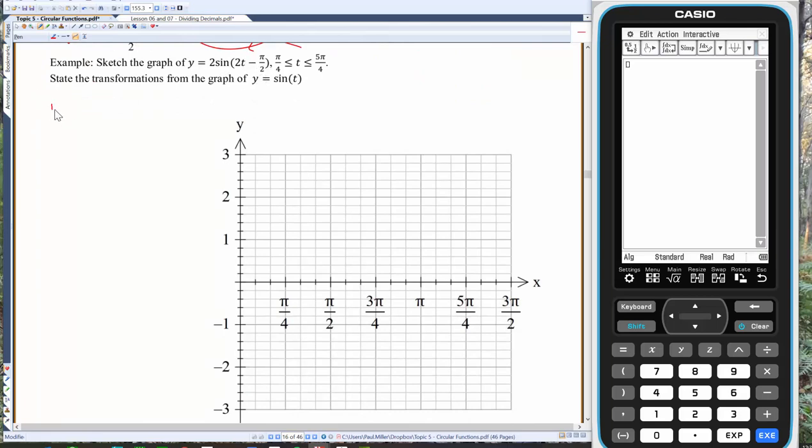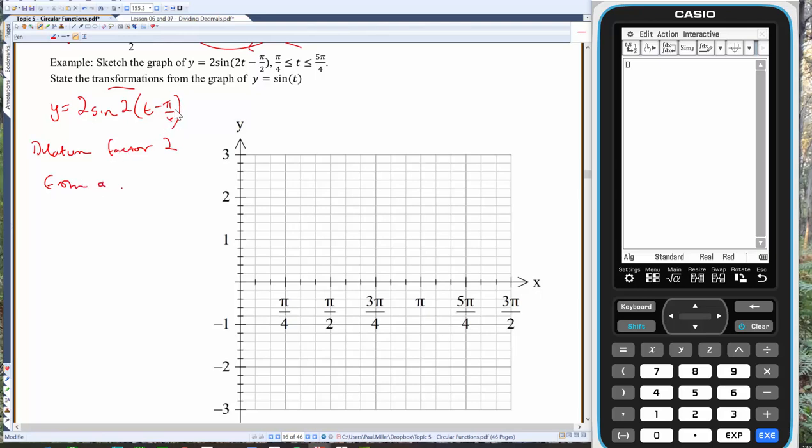So the way we're going to do it first of all is just change the form a little bit. 2 brackets t take pi on 4. Okay, so we're going to note that the transformations are a dilation factor 2 from x.